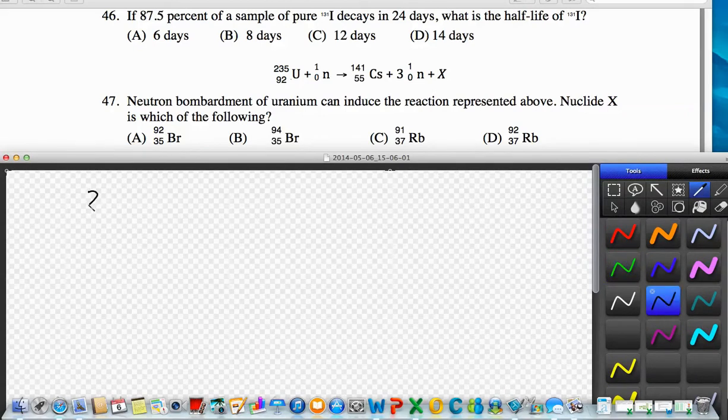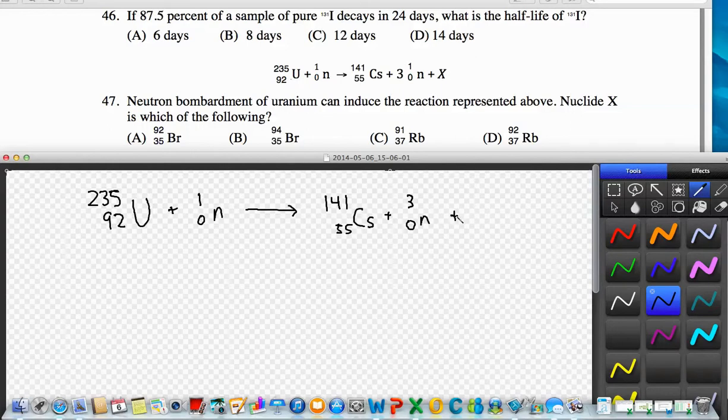So we have 235 uranium, and we have a neutron. We have 141 cesium. We have 3 neutrons. I'm going to write this just a little different. Because there's 3 of them, that's a mass of 3. And I'm going to have X.